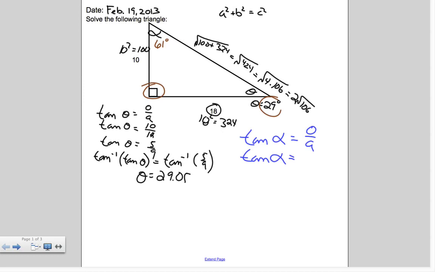It depends. In this case I didn't specify, but we would specify like the nearest degree or the nearest hundredth, so you would just have to do some rounding. So for tan of alpha, what's opposite over adjacent? What's the opposite side now? It's 18 over 10. So now we want the tan inverse of 18 over 10.